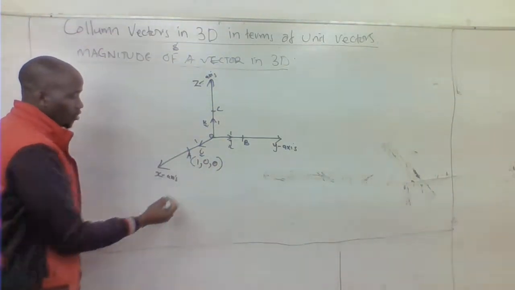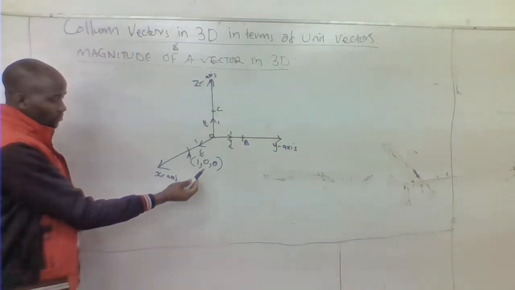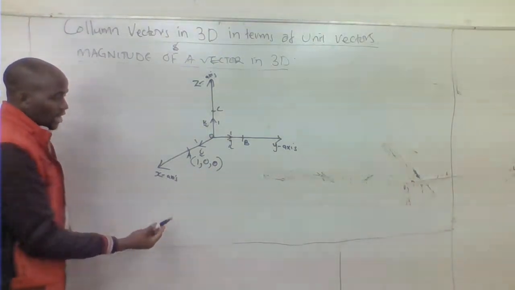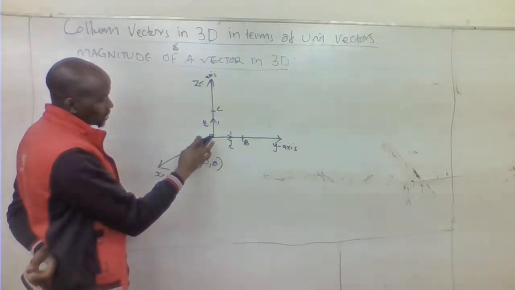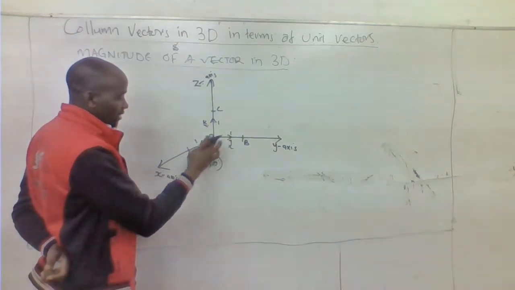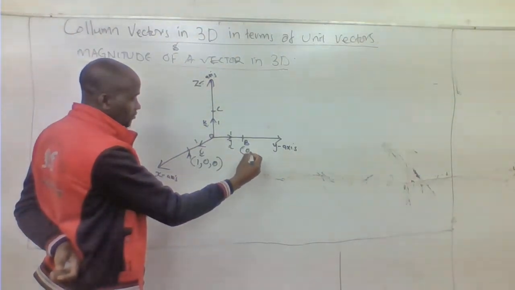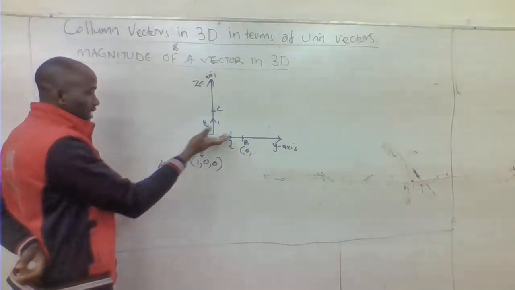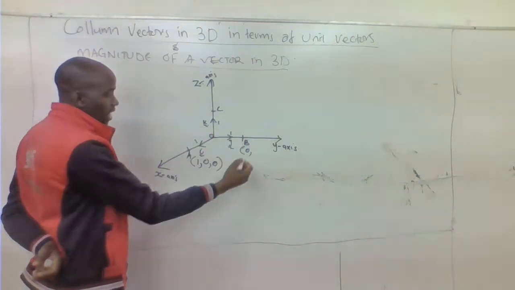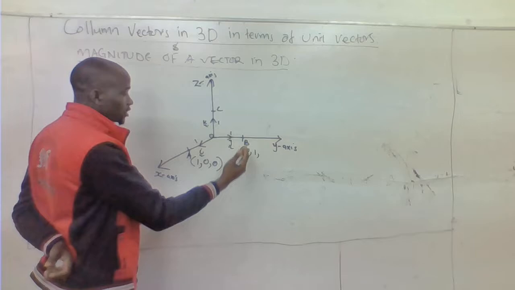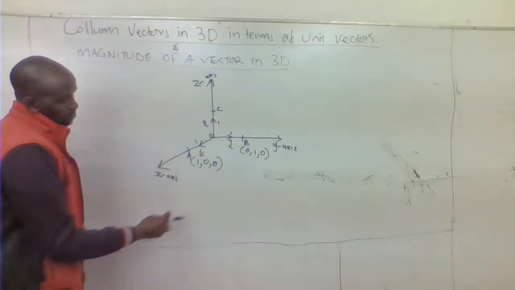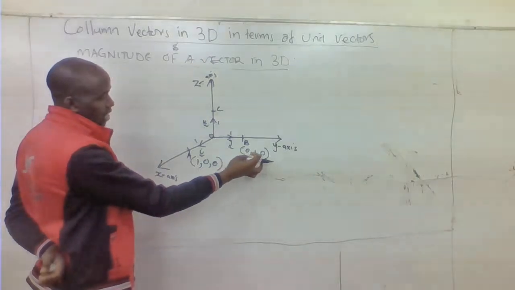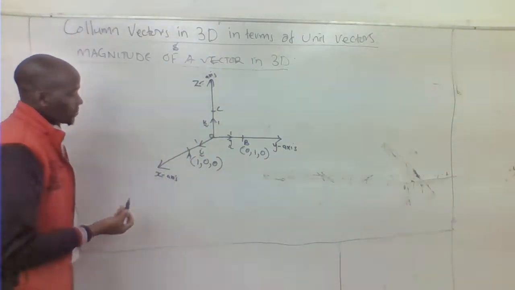So the coordinate of A is 1, 0, 0. Let's move to point B. Point B has displacement along the x-axis as 0. Then displacement along the y-axis is 1, and along the z-axis is 0, so the coordinate of B will be 0, 1, 0.